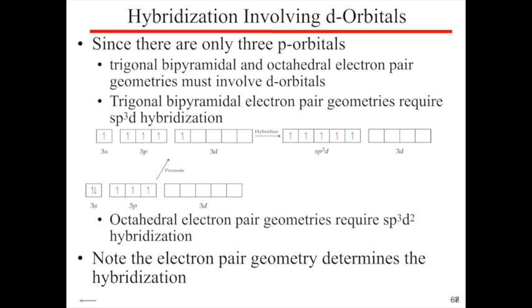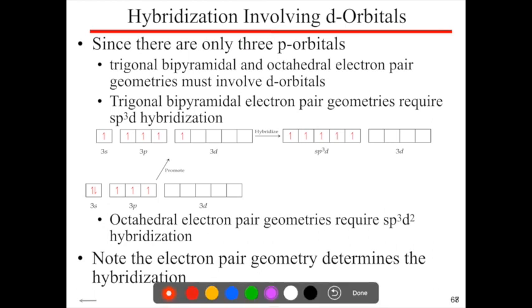And so to have 5 bonds around a central atom, what you're going to have to do is promote electrons from the s. You take all of the s and all of the p and 1 orbital in the d, okay? And what you do is you mix 5 different orbitals, 1 s, 3 p's, and 1 d.